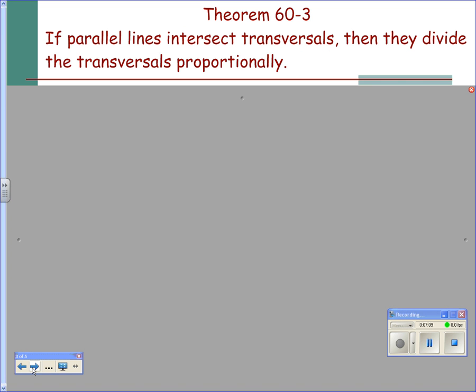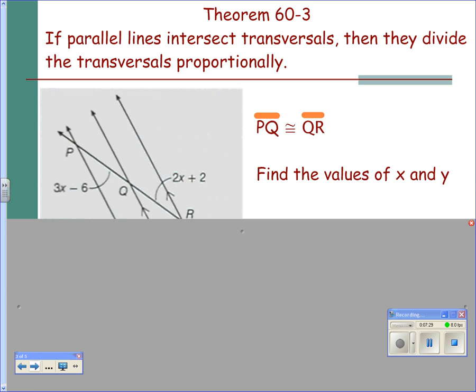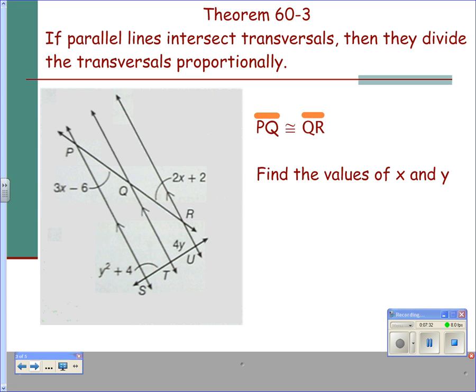Another theorem. If parallel lines intersect transversals, they divide the transversals proportionally. You did these last year in Algebra 2. We did them at the beginning of the year. Do you remember that kind of picture?